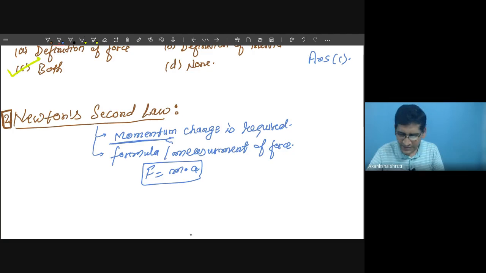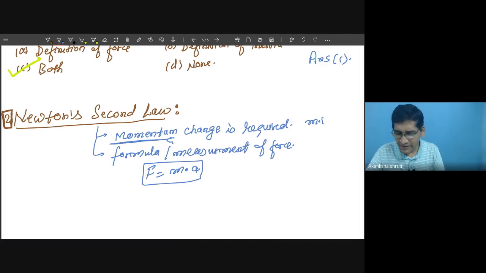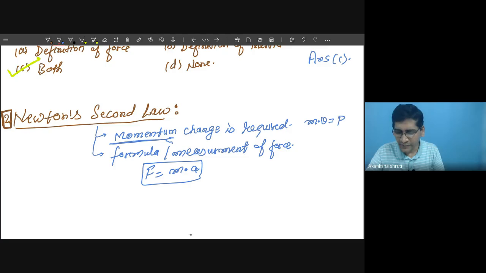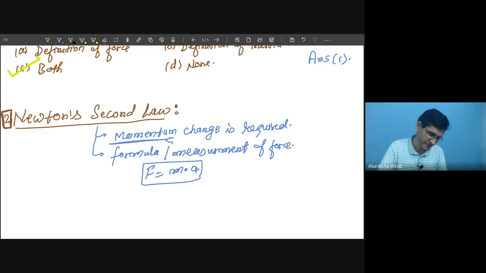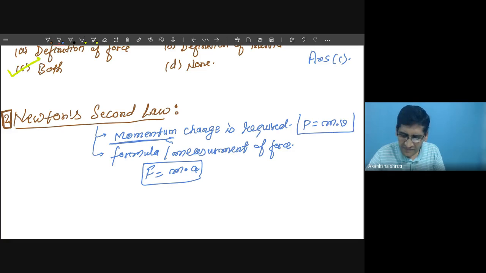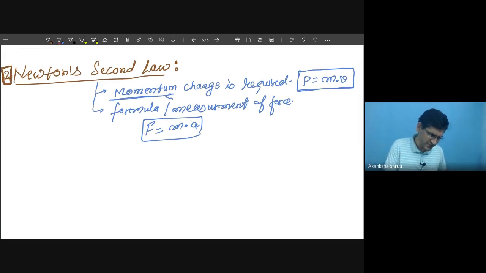Momentum is defined as mass multiplied by velocity, denoted by P. So P is equal to mv. These two things we have to understand. So let us first start with momentum. What is momentum?